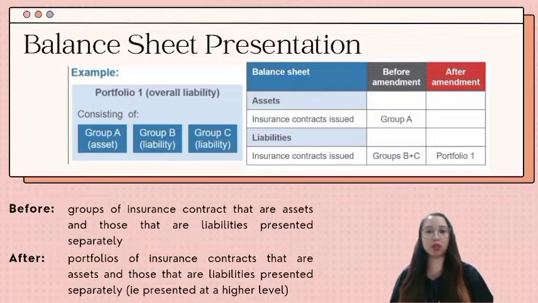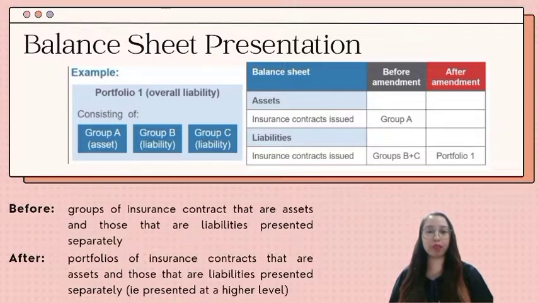Yung portfolio po ng insurance contracts, it may consist po ng several groups of contracts including some groups that are assets and others that are liabilities. In general daw po, most groups of insurance contracts ay nasa liability position. Katulad po nung nasa example natin. Yung portfolio 1 po ay merong tatlong groups. Group A, asset, Group B, and C, liabilities. So in conclusion po, si portfolio 1 is an overall liability.